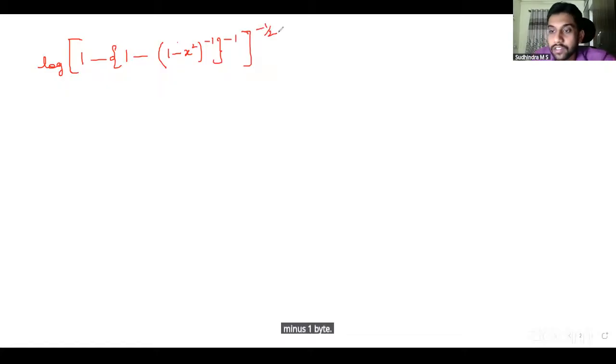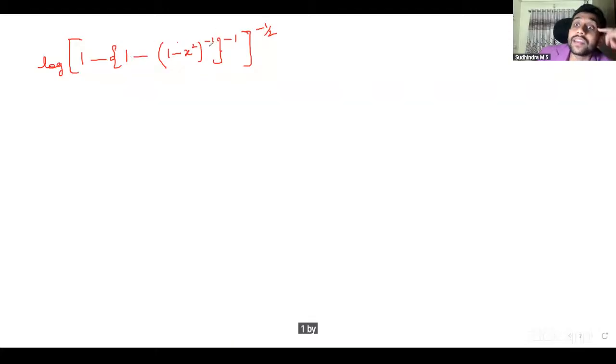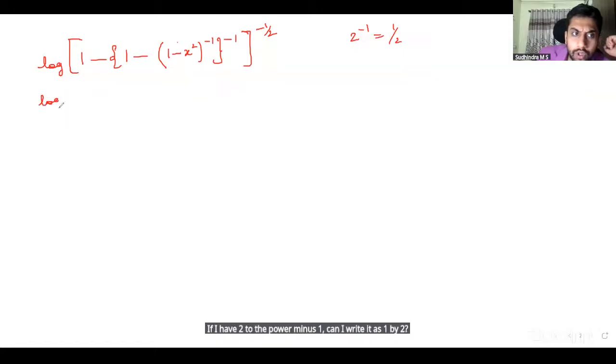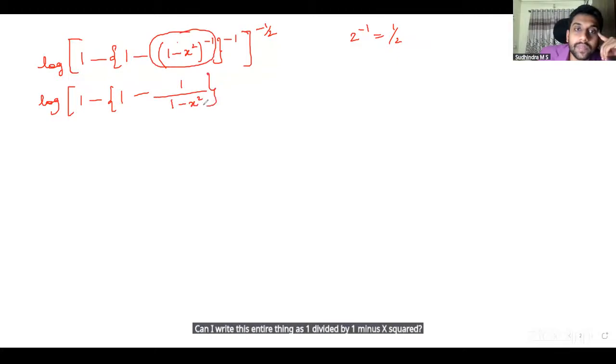So if you look at this small bracket, 1 by x square whole power minus 1. If I have 2 to the power minus 1, can I write it as 1 by 2? Yes. Using that principle, can I write this entire thing as 1 divided by 1 minus x square, whole power minus 1, the whole power minus 1 by 2?